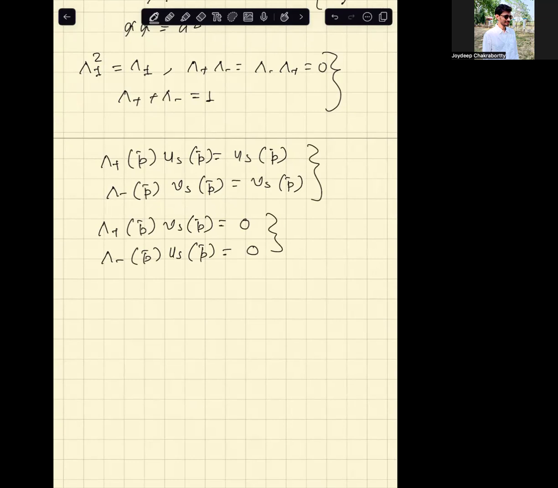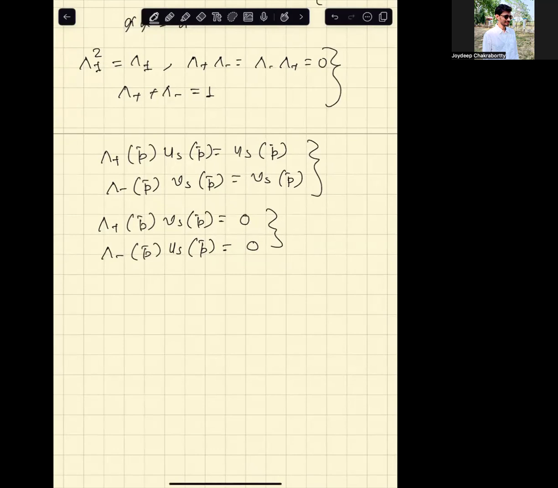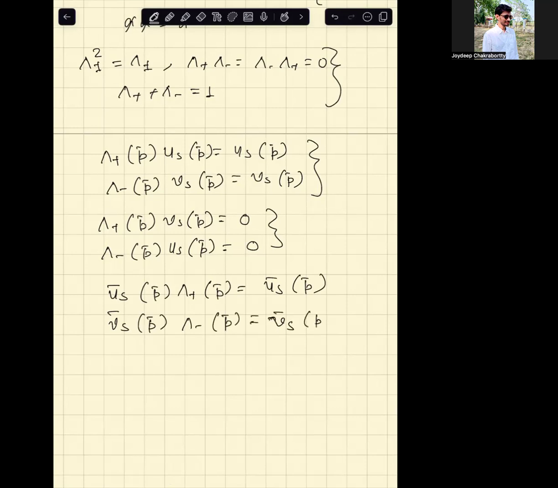And if I take the Hermitian conjugate of those structures, I find u-bar_s(p) lambda plus(p) equals u-bar_s(p), and v-bar_s(p) lambda minus(p) equals v-bar_s(p).